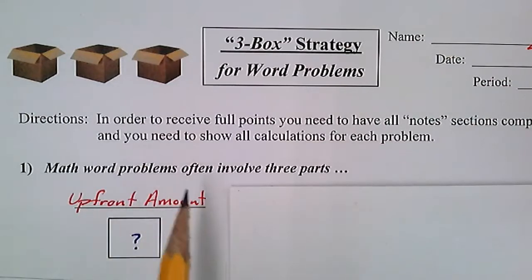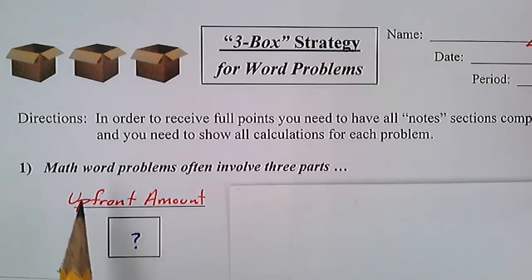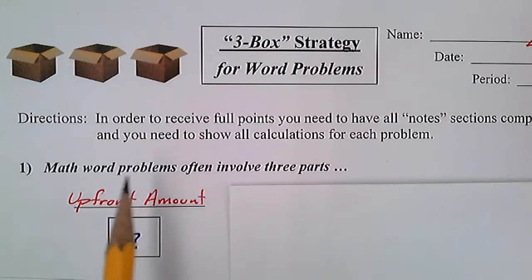Usually the word problem will give you an amount. If it's about a person, they'll have a starting amount, maybe the amount of money they have saved in their bank account, or if they're driving, a certain number of miles they've already driven. So it's the upfront, the starting amount.